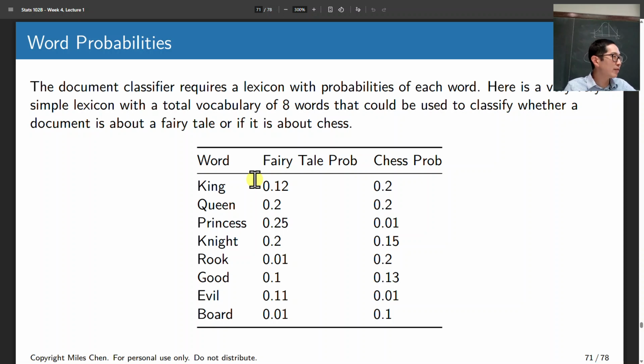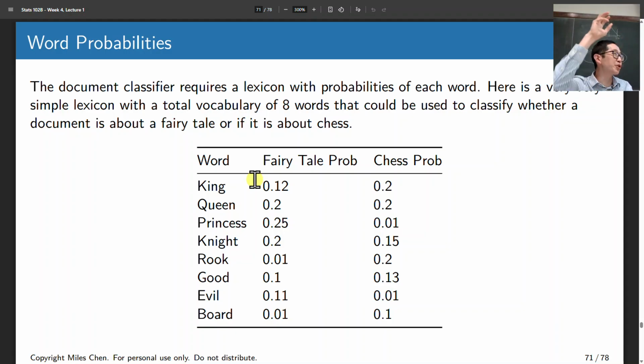So if you're going to classify your documents into categories like sports and politics and international news or whatever, like your news organization, you're going to need a lexicon with probabilities.